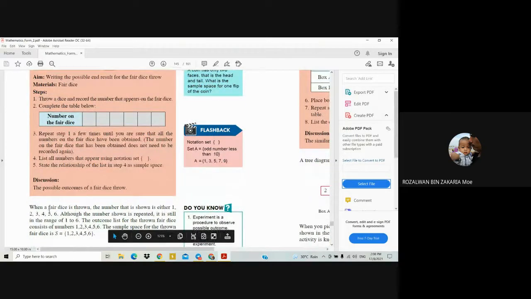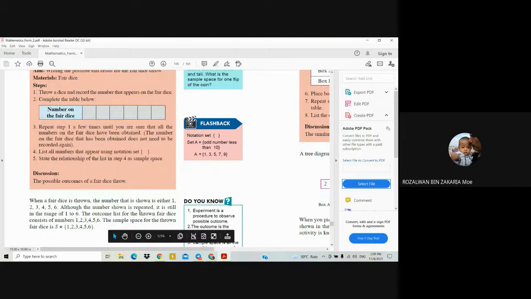Okay, this one. When a fair dice is thrown, the number that is shown is either 1, 2, 3, 4, 5, 6. Although the number shown may be repeated, it is still in the range of 1 to 6, because a fair dice has only 6 surfaces. Each surface has number 1, 2, 3, 4, 5, 6.